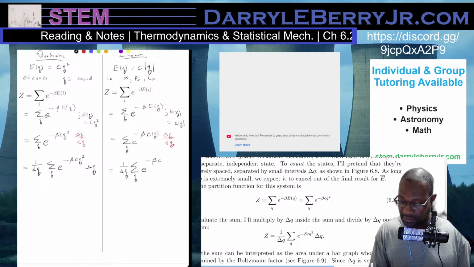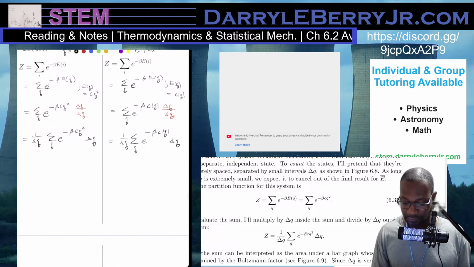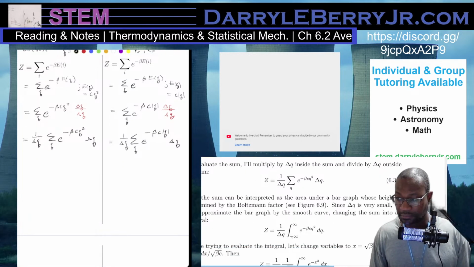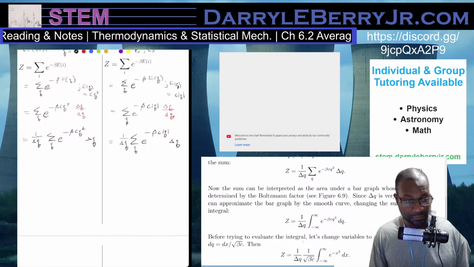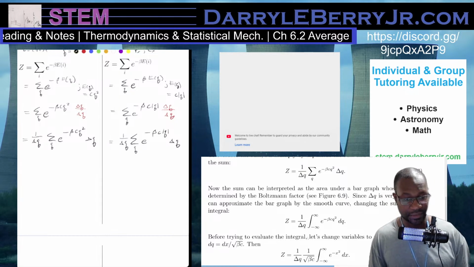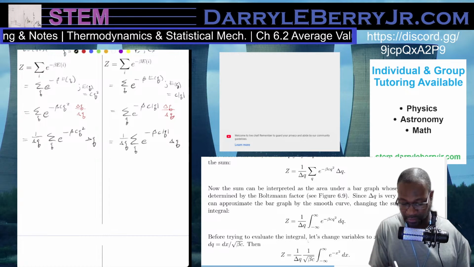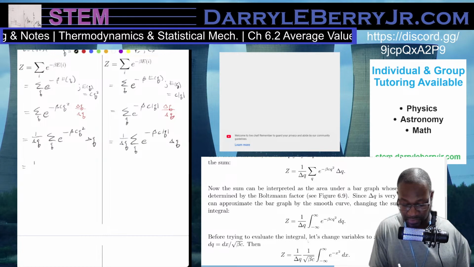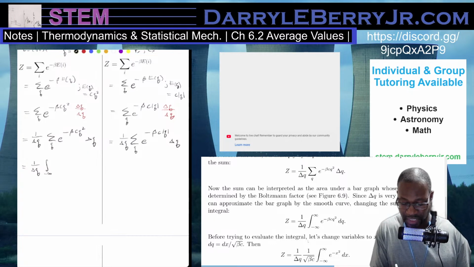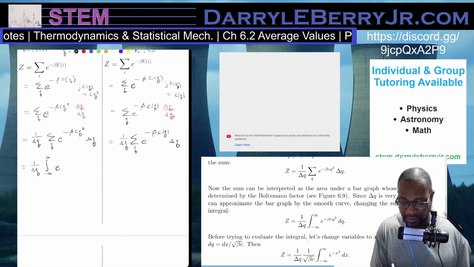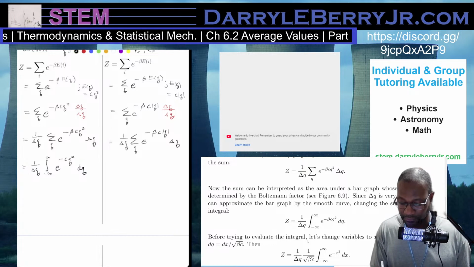Beta c absolute value of q, delta q. And you can see how they approximate this sum, where we have a whole lot of parts, as an integral. So that becomes 1 over delta q times the integral over the entire range of values of e to the negative beta c q squared dq.